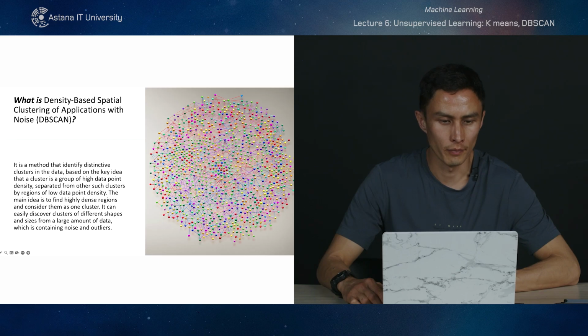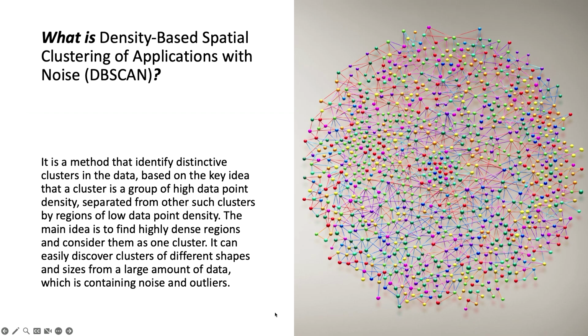Now we're going to talk shortly about the second algorithm, called density-based spatial clustering of applications with noise. As we mentioned, k-means is good, but it doesn't work properly if the shape is not spherical and not convex.